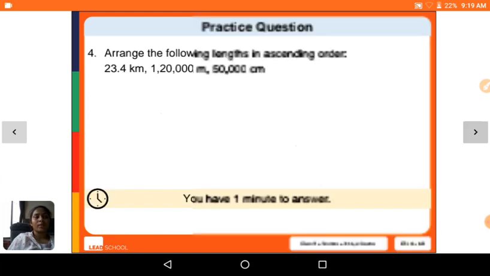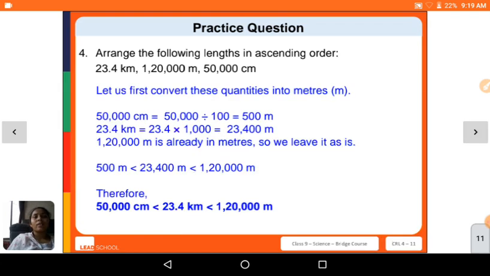Okay, arrange the following lengths in ascending order. Same process. See here, all the quantities, convert them into meter. So 50,000 centimeter divided by 100 is 500 meter. Then here 1,20,000 is already in meter, so we leave it as it is.